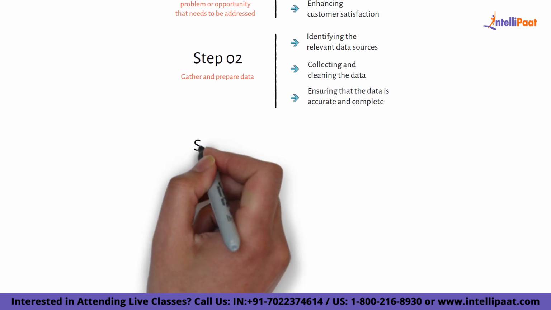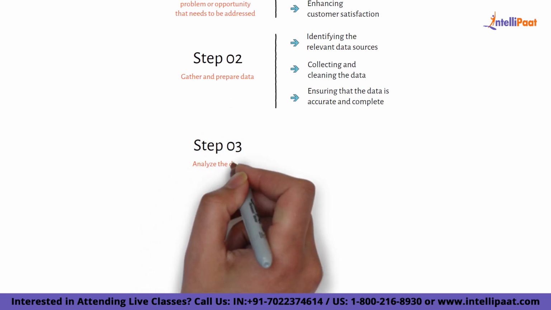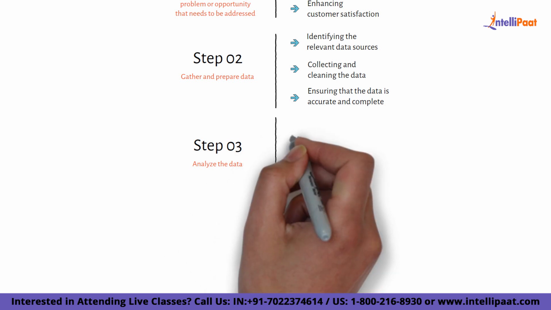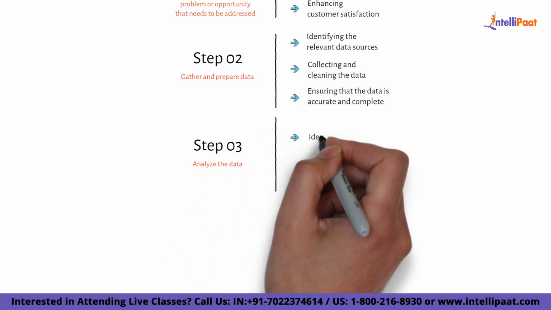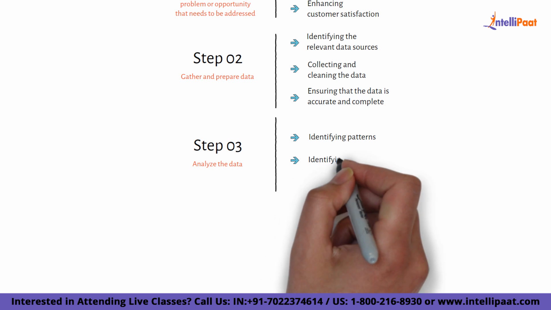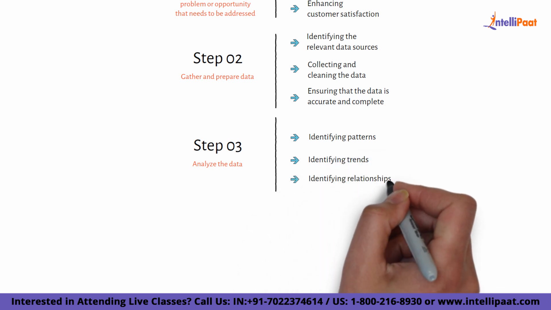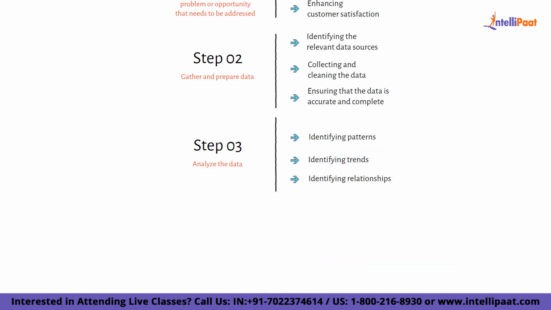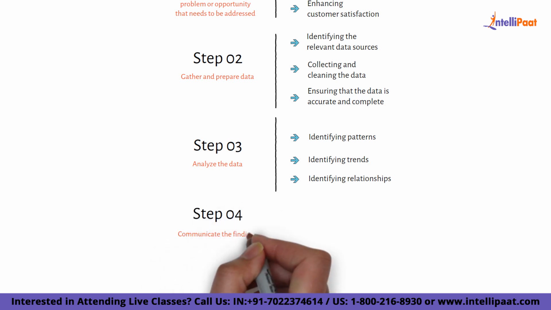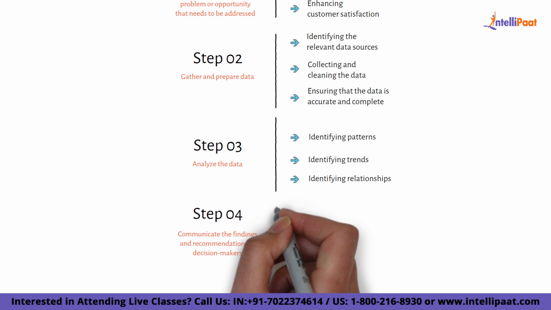The third step is to analyze the data using statistical and other quantitative methods. This involves identifying patterns, trends, and relationships in the data and using this information to draw conclusions and make recommendations. The fourth step is to communicate the findings and recommendations to decision makers.